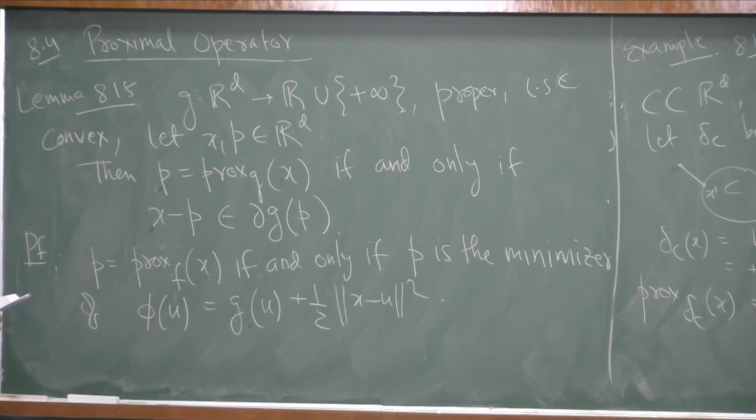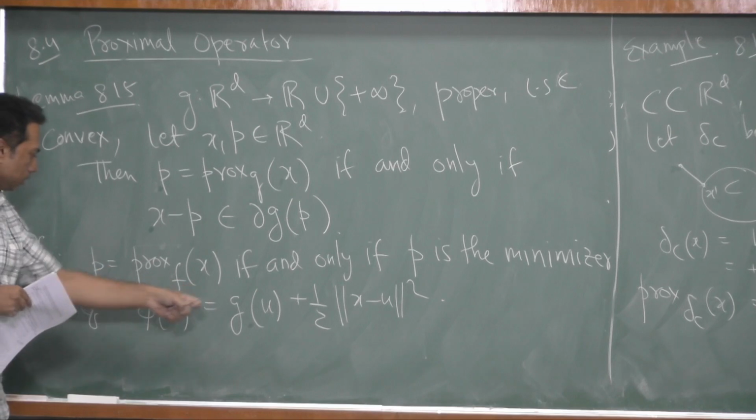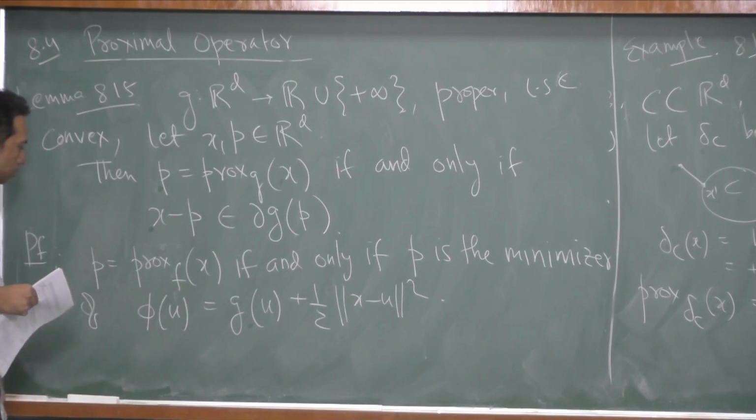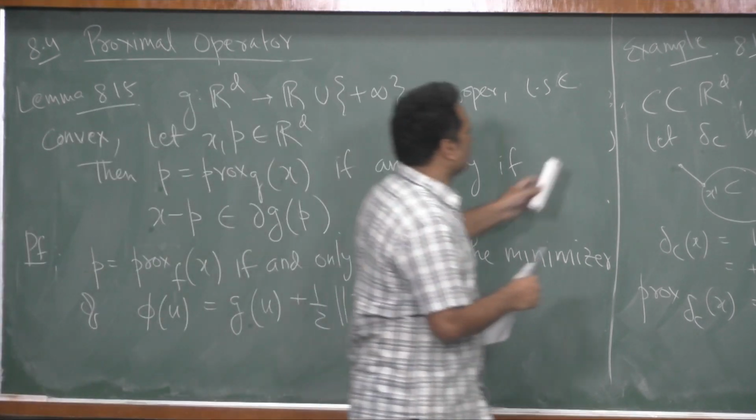Basically it says that at the point where the minimizer is achieved, there should exist a zero subgradient. So 0 must belong to the subdifferential. So if p is the minimizer, then 0 should belong to the subdifferential of phi. So that's the Fermat's theorem that we have done before.